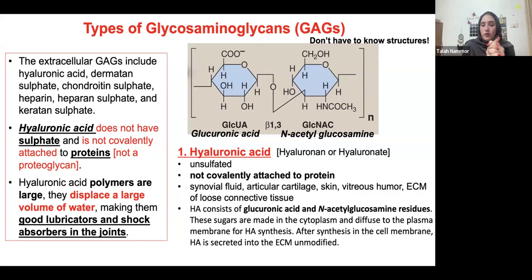After hyaluronic acid is formed, it's just secreted into the extracellular matrix. No modification will happen. It's not going to be sulfated. Nothing else will happen. Okay? So hyaluronic acid is kind of unique with that. And again, it's a good lubricator and a good shock absorber.